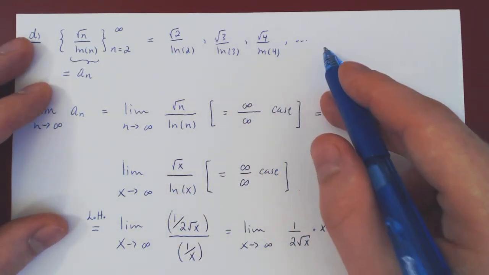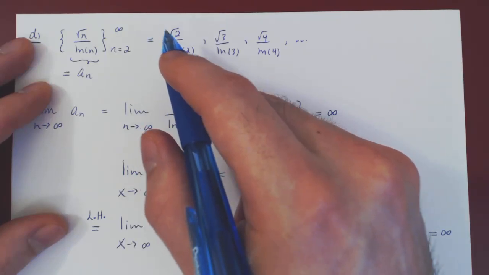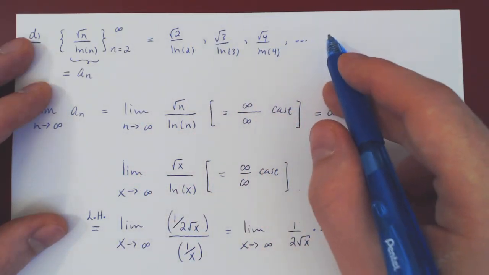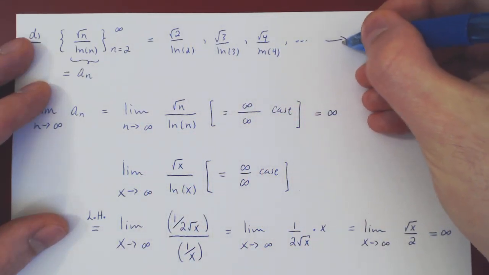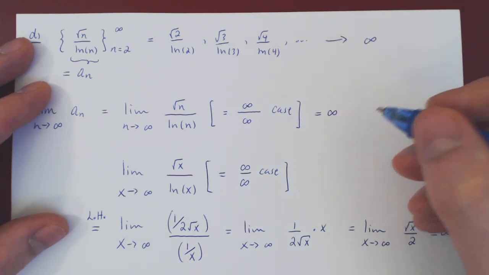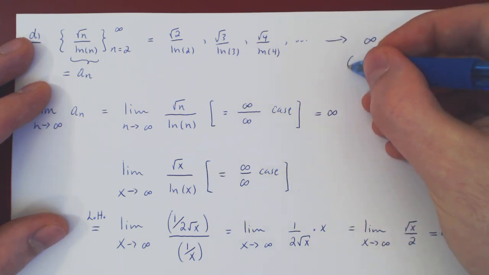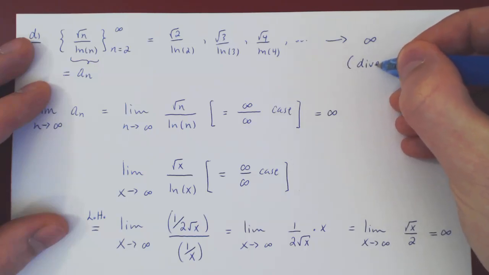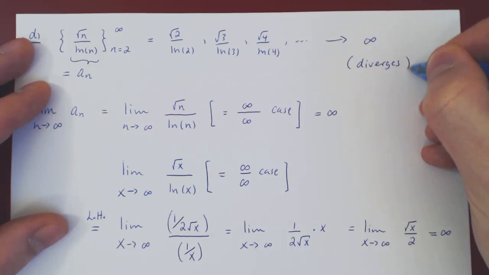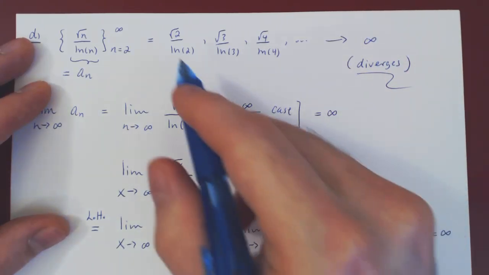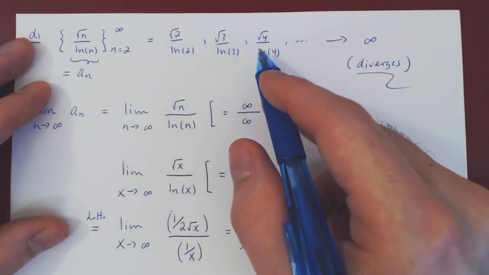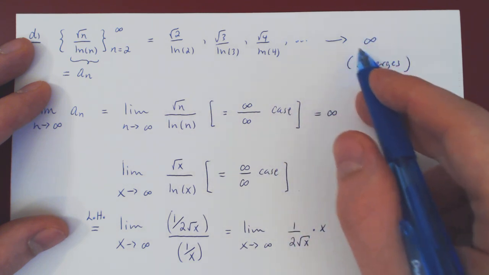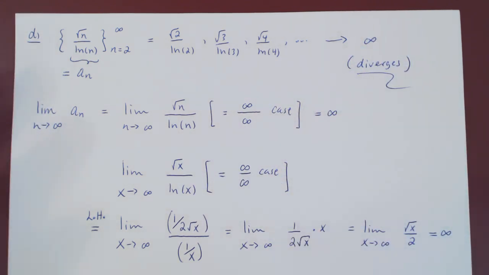So we can write here that as we move further and further down our sequence, the terms are approaching infinity, but make no mistake, the sequence still diverges. As n gets bigger, the terms of our sequence are also getting bigger and without bound.